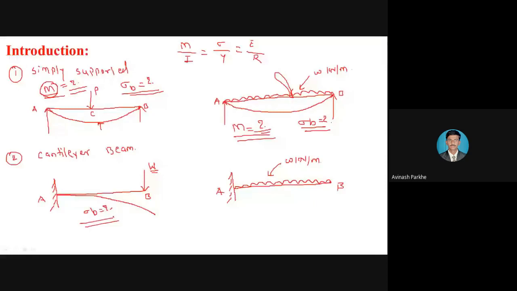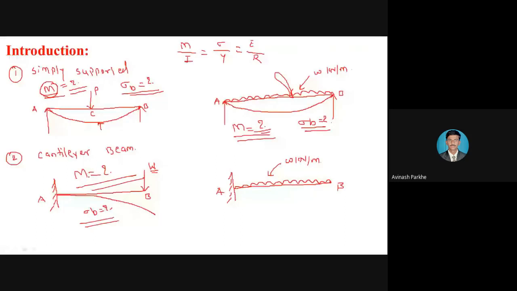But before that, first of all, my requirement is that I have to calculate the bending moment as a capital M. Again, for case number 3, the cantilever beam with one end fixed and another end free, and the point load applied at the free end, this bending moment formula will be different.